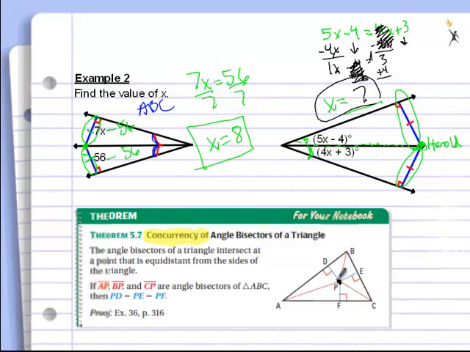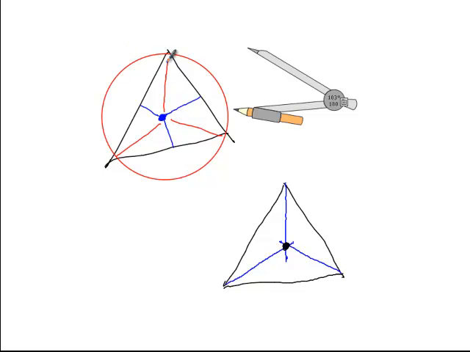They intersect at point P. And that point is equidistant from the sides. This point, point P, is equidistant from the sides. Just like our perpendicular bisector is equidistant from the angles, our perpendicular bisector, I mean the angle bisectors. The angle bisectors are equidistant from the sides of the triangle.